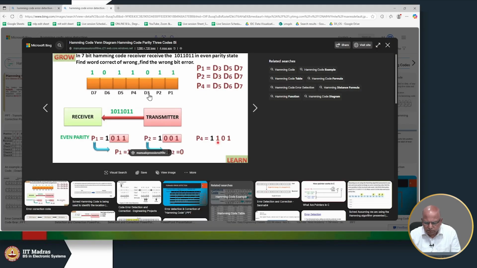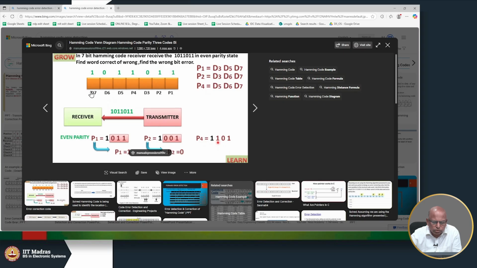Here it is shown for 4-bit data. Let us say these are the data bits. Originally they would have been called D3, D2, D1, D0, but we have added some parity bits, in this case P1, P2 and P4.